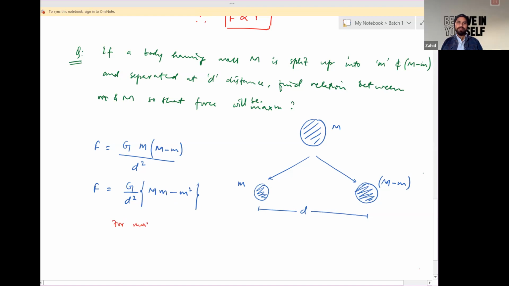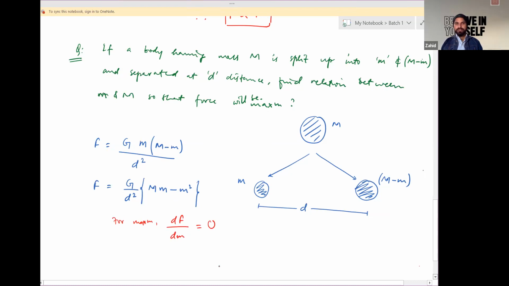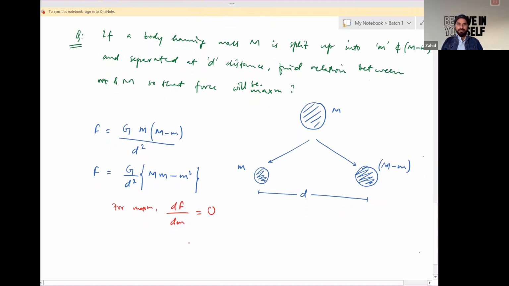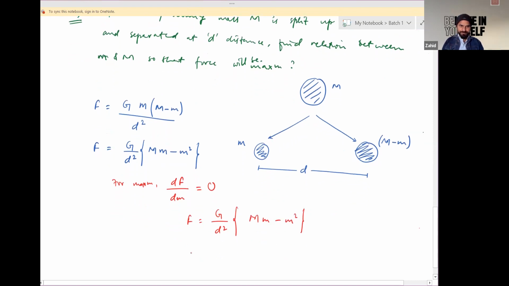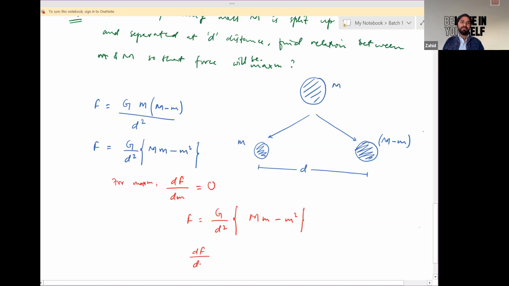So for maximum, dF over dm should be equal to 0. Now let me differentiate it. F equals G over d squared times m into M minus m, taken as M m minus m squared. If you differentiate, dF by dm: G over d squared is constant, capital M is constant.